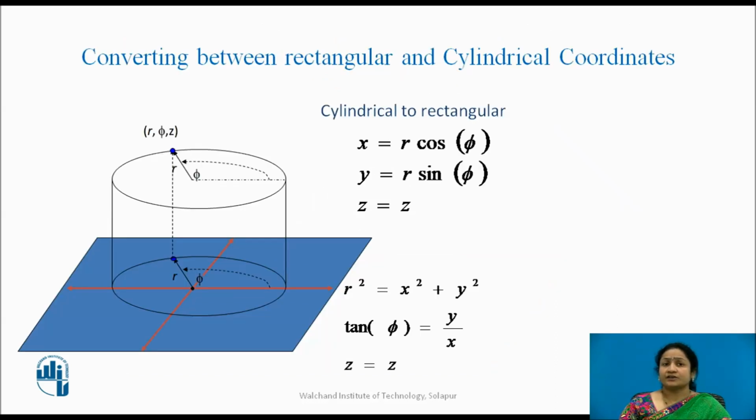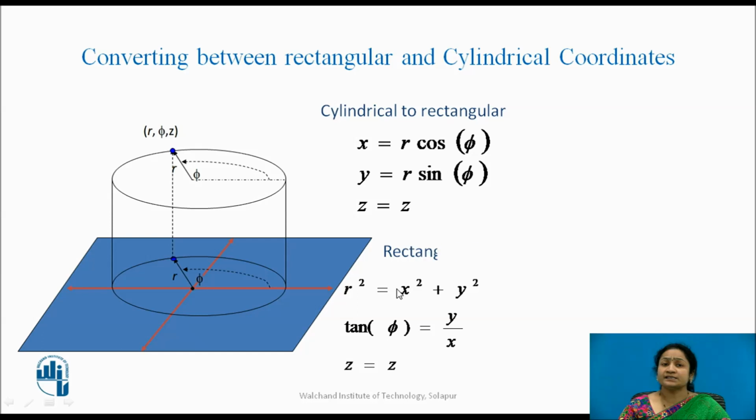Let us see the conversion between the rectangular and cylindrical coordinate systems. Using trigonometry, we can determine rectangular to cylindrical coordinates and cylindrical to rectangular coordinates. When the point is given in cylindrical coordinates, to get the rectangular coordinates, x is r cos phi, y is r sin phi, and z is equal to z.